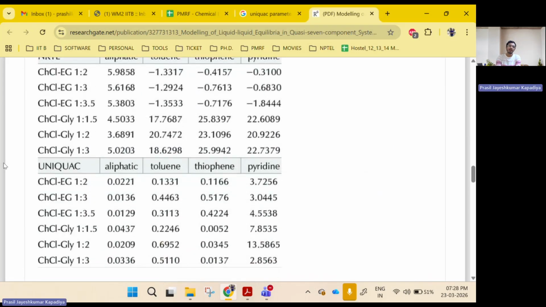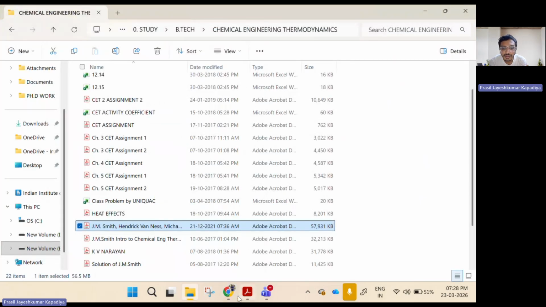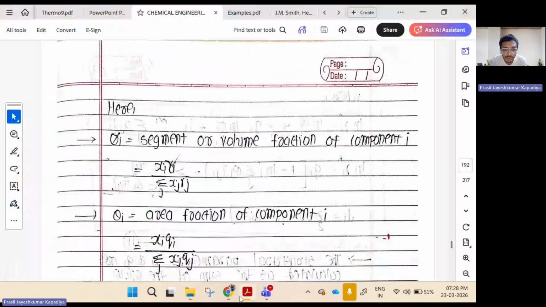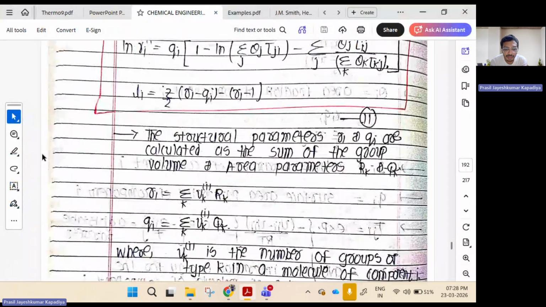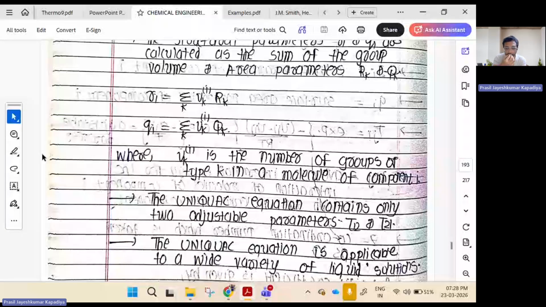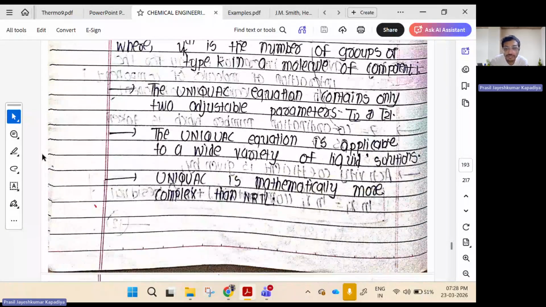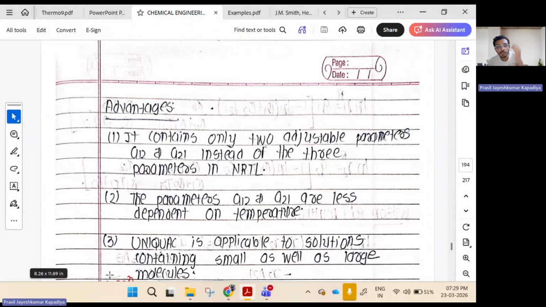Generally, experimental data is available. For that particular experimental data, we try to use these various models and we see which model is giving the best result. UNIQUAC is applicable to a wide variety of liquid solutions, but it is mathematically more complex.